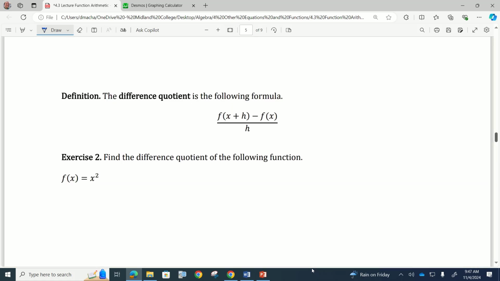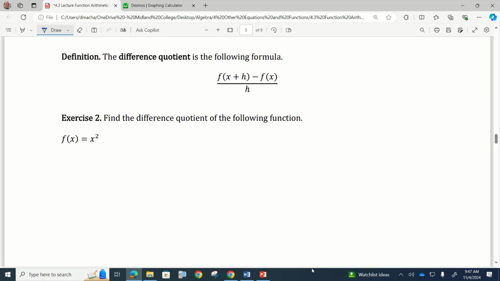There is something that you have to know about, at least, called the difference quotient. And to be perfectly honest, the difference quotient is very useful in Calculus 1. But if you're not going to take Calculus 1, you probably don't ever care about this. I don't know why it's necessarily introduced in algebra whenever you can just save it for Calculus 1.